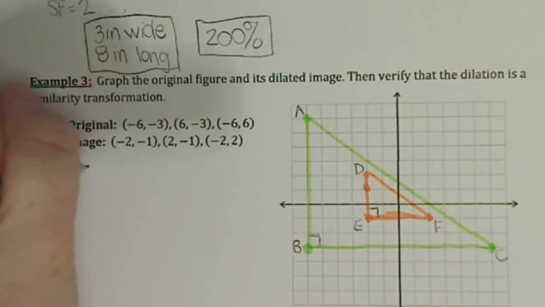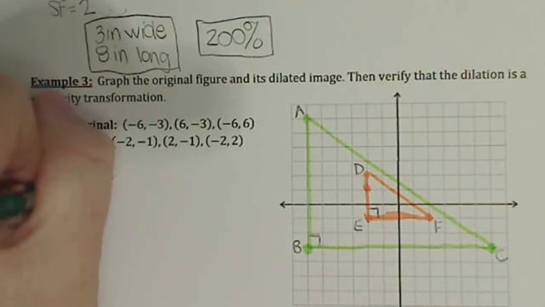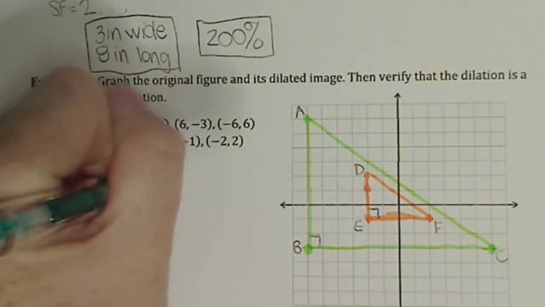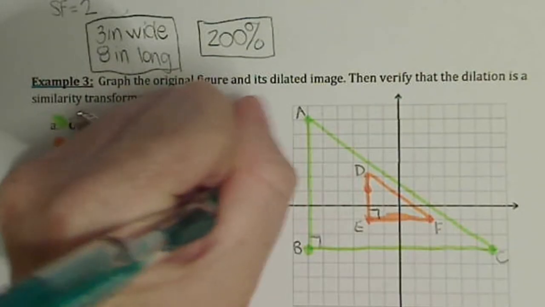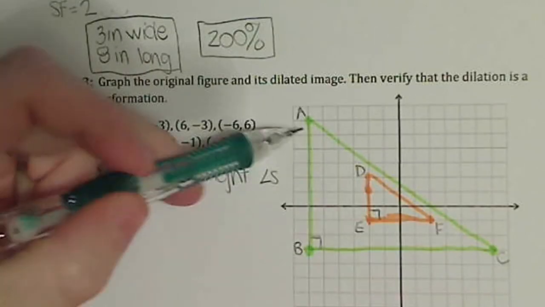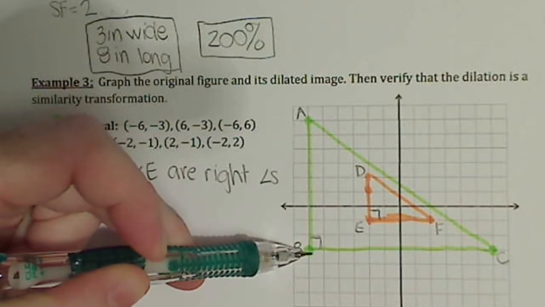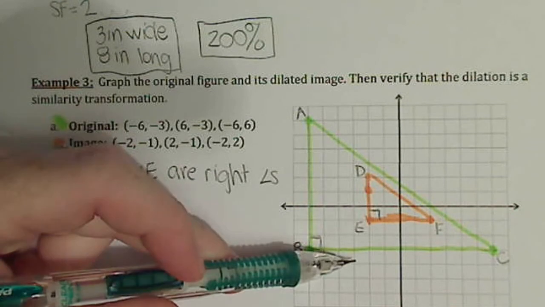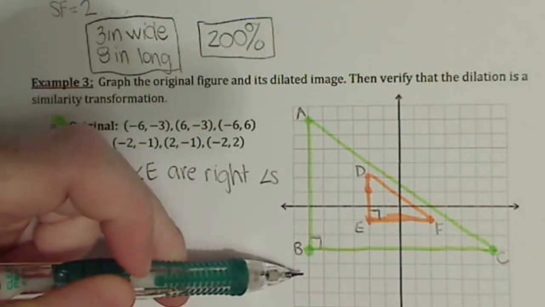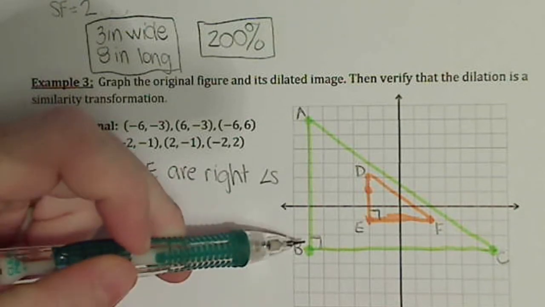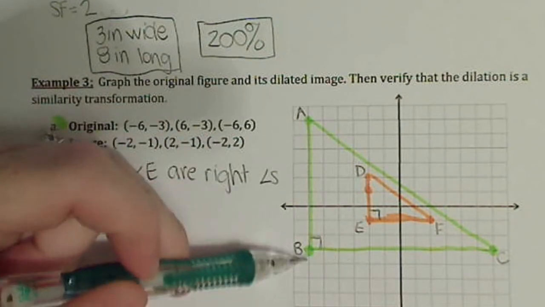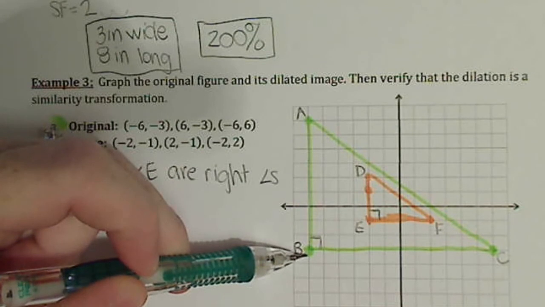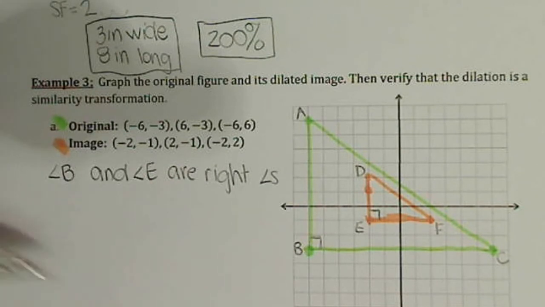Angle B and angle E are right angles. And how do I know that? I know that because the slope of AB is undefined and the slope of BC is 0. They are negative reciprocals, so therefore it is a right angle. Or you could say that these two lines are perpendicular, therefore it is a right angle.